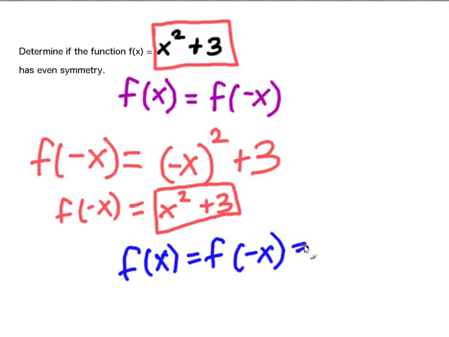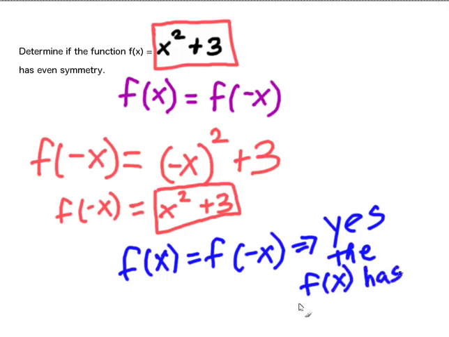It matches our definition exactly, so our answer here is yes. The function f of x has even symmetry. So I'll write down symmetry right there. That shows us an example of what it looks like when a function does have even symmetry.